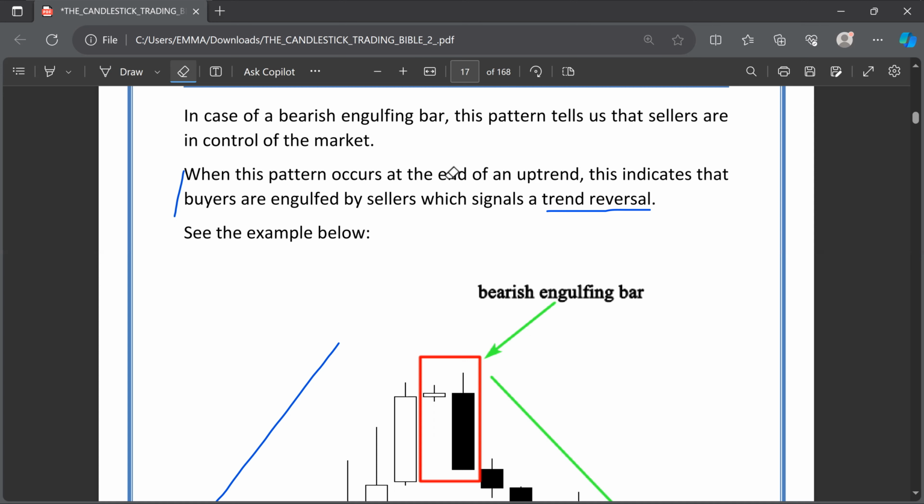So you have to look at that well. You have to understand that a candlestick can form at any part of the chart, but they will not have the same impact on the market or on the prices. So you have to take note of these phrases at the end, and at the beginning, and then uptrend and downtrend.